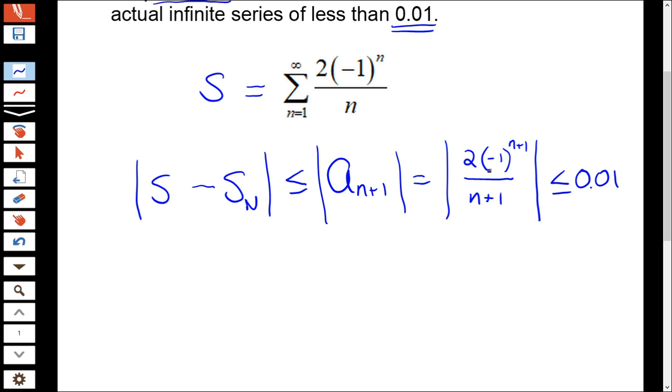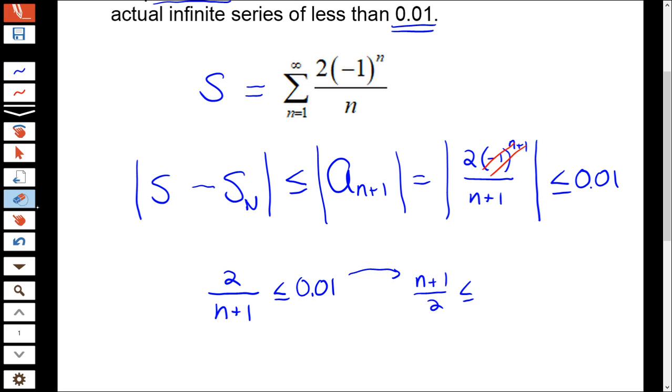And so that's not too hard to do, right? The absolute value is going to get rid of this negative right here. We're going to end up with 2 over n plus 1 has to be less than or equal to 0.01. If I take the reciprocal of this, I get n plus 1 over 2 is less than or equal to... Nope, I'm sorry.